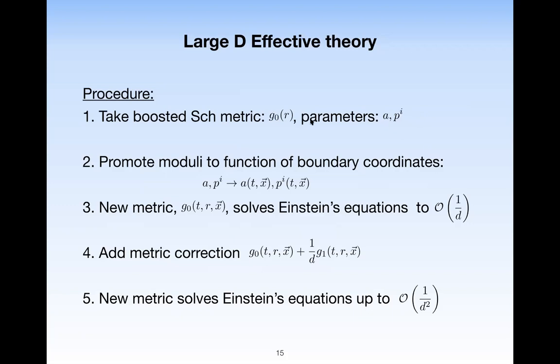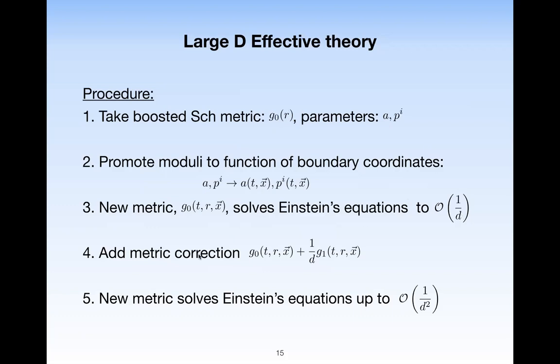So the next step is to promote these two constants to have a dependence on t and x in this particular way. Then the new metric, G0, will depend not only on r, as we saw here, but also on t and x. And then we plug this into the Einstein equations, and of course, they are not satisfied. But the order of the error is 1/d.